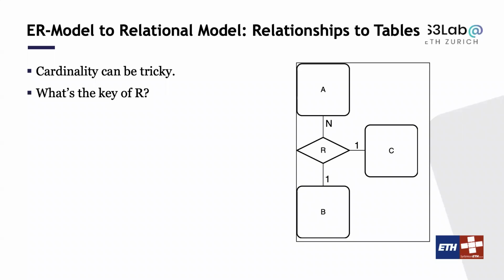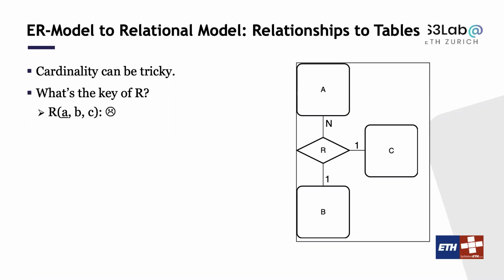So the question is, what is the key of R? Let's go through all the eight combinations and try to reason about it. Can we have a relation like this? Can we have A as the key of R after the translation?